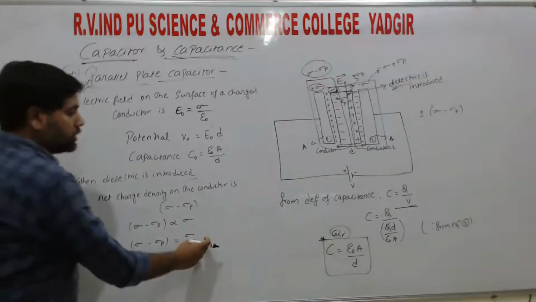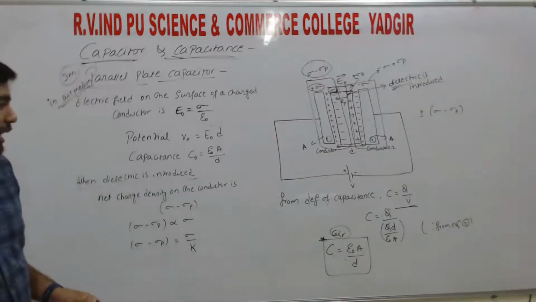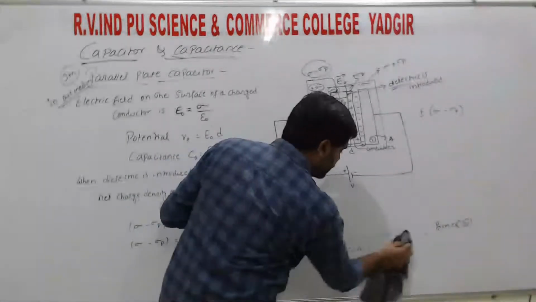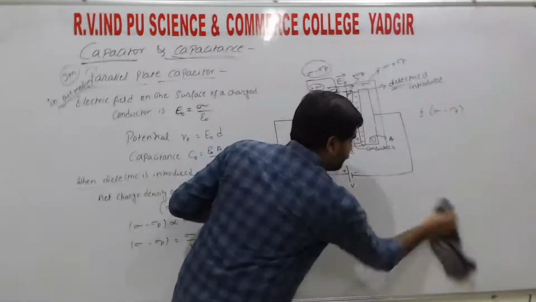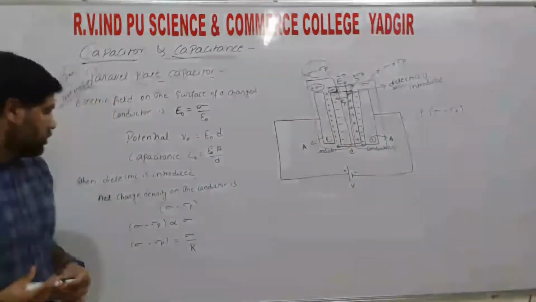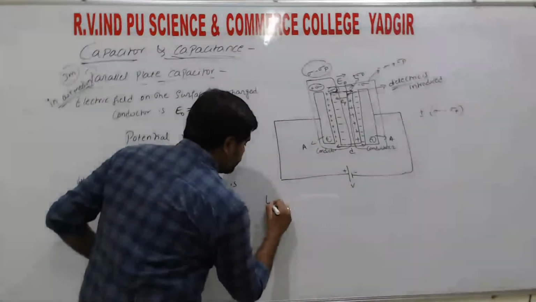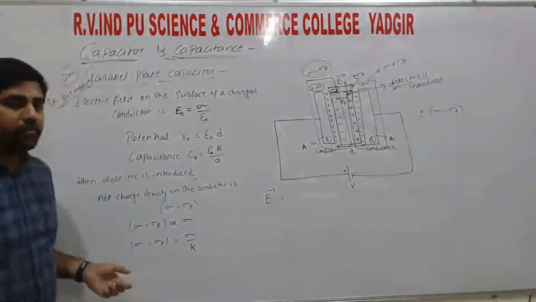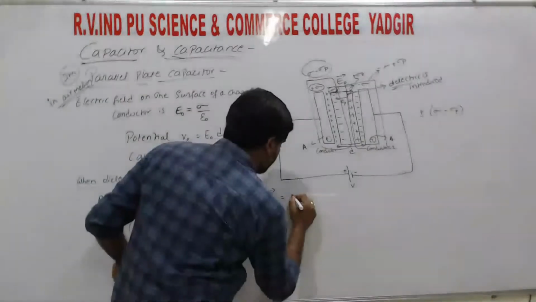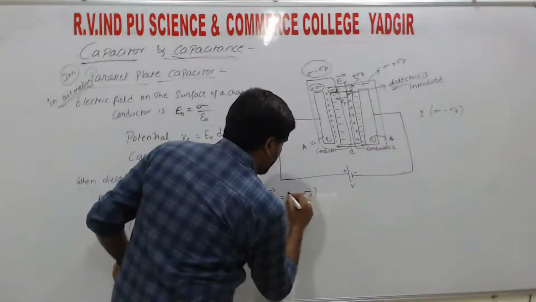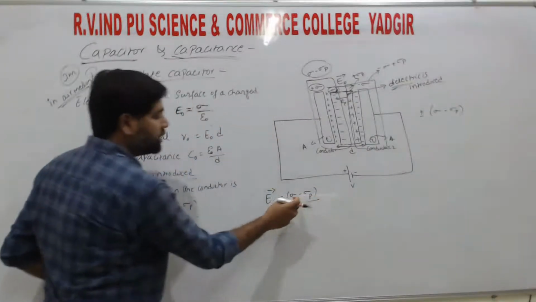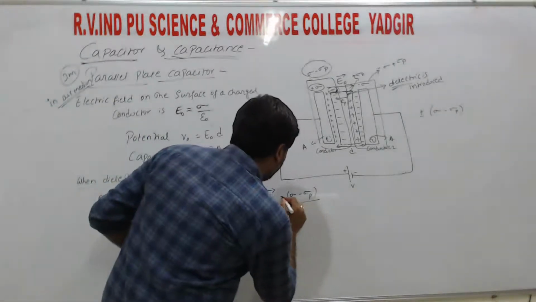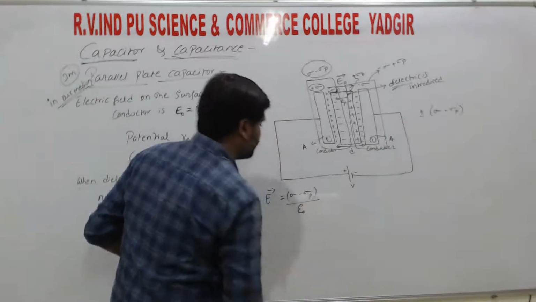Now substitute this into the electric field; we repeat the same derivation. The electric field E is equal to sigma minus sigma p in place of sigma, divided by epsilon naught.